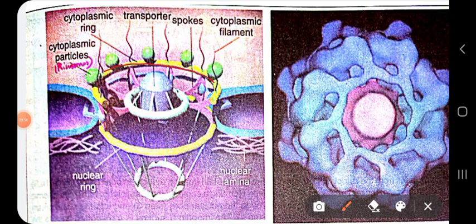As it is shown in three-dimensional view, you can see it more clearly. Now these two rings are also called annuli, or annulus.